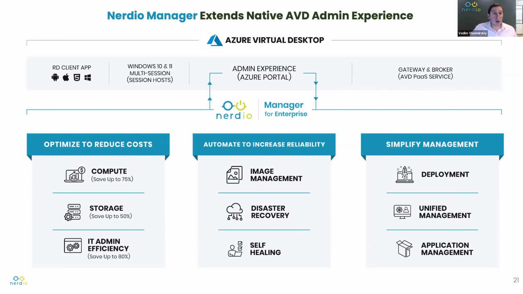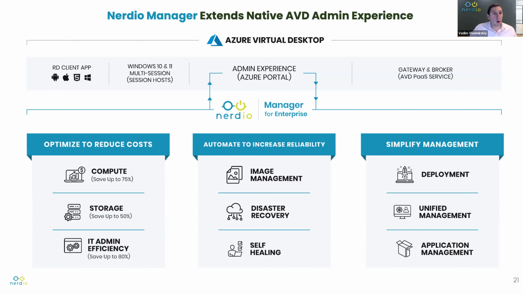The second category is all about automation and orchestration to increase the consistency and reliability of a virtual desktop environment. Image management is probably the most common example in this category. And we'll look at exactly how this works in a little bit. But image management in Azure can be complex. It's very flexible, but there's lots of things to know and things to do, many different steps.